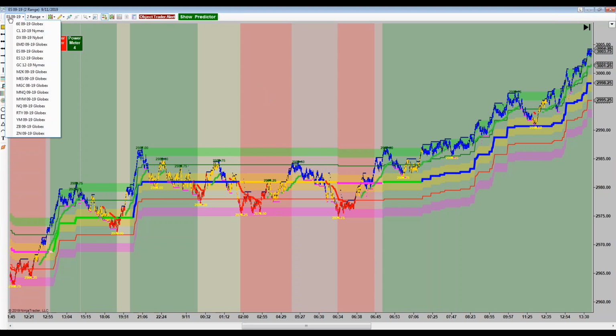Now, tonight, I want to tell you that we're going to be rolling the equity contracts from September expiration to the December. So if you're trading ES, you're going to want to roll that to December for the purpose of tonight and the trades. I'm going to continue to show the September contract tonight, but you do want to roll that.